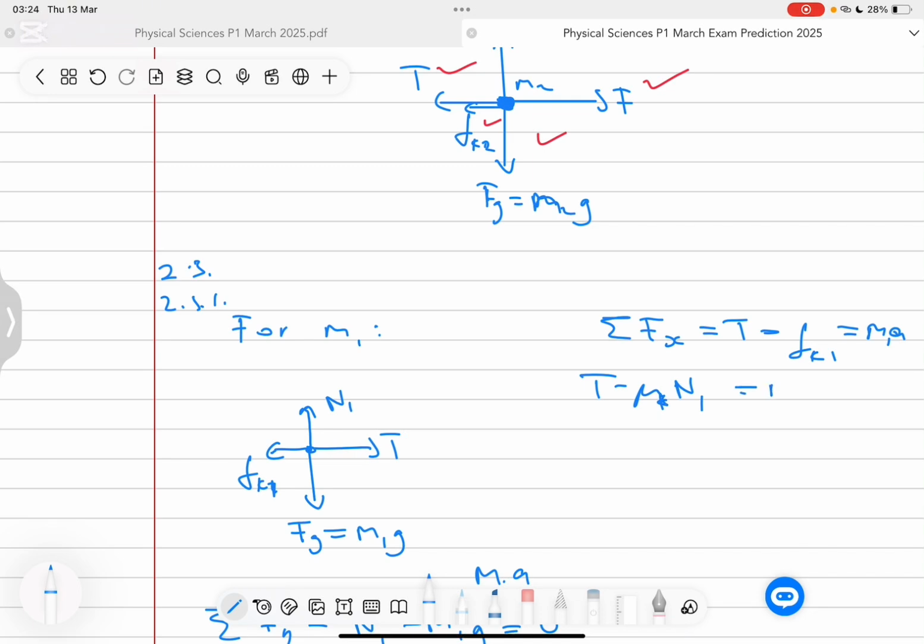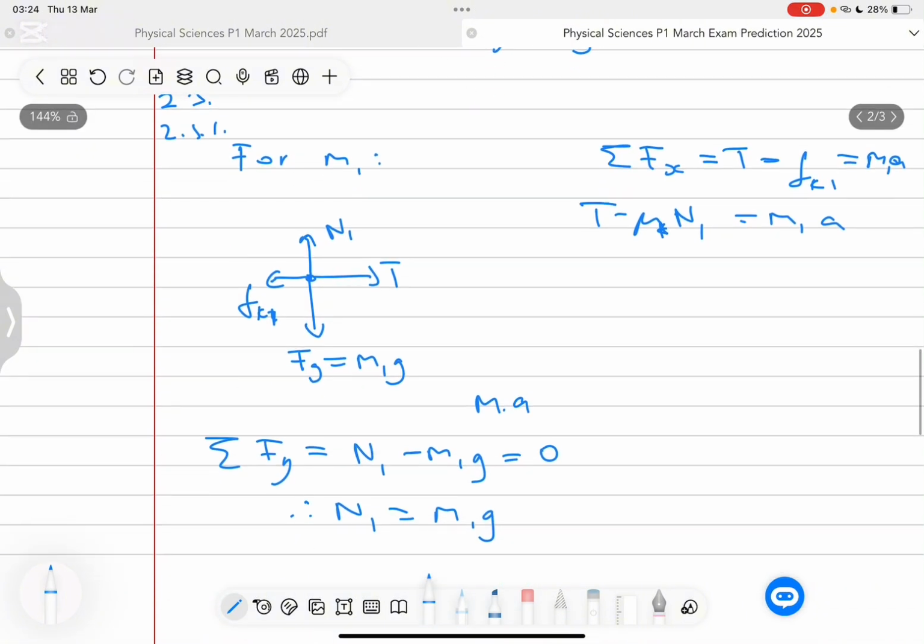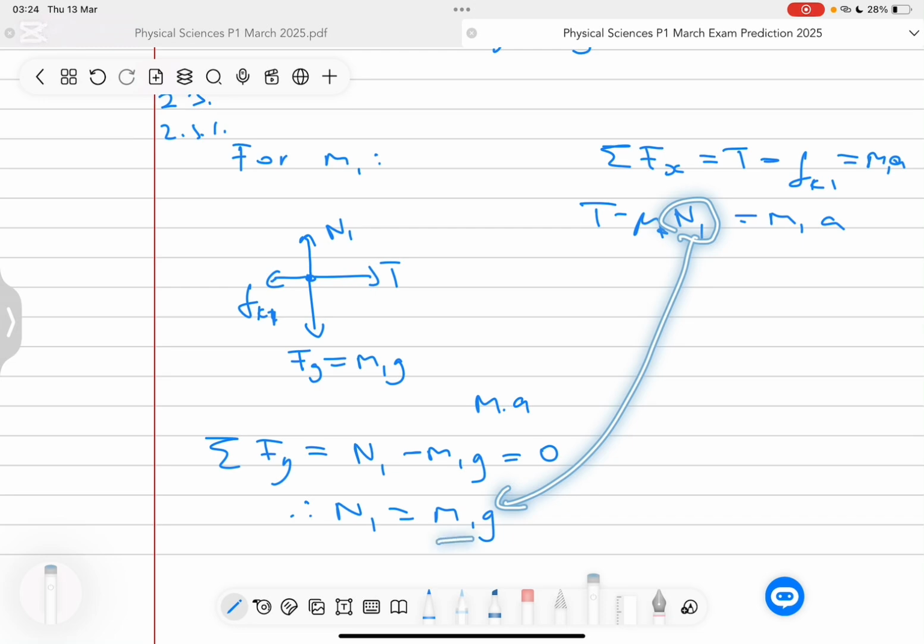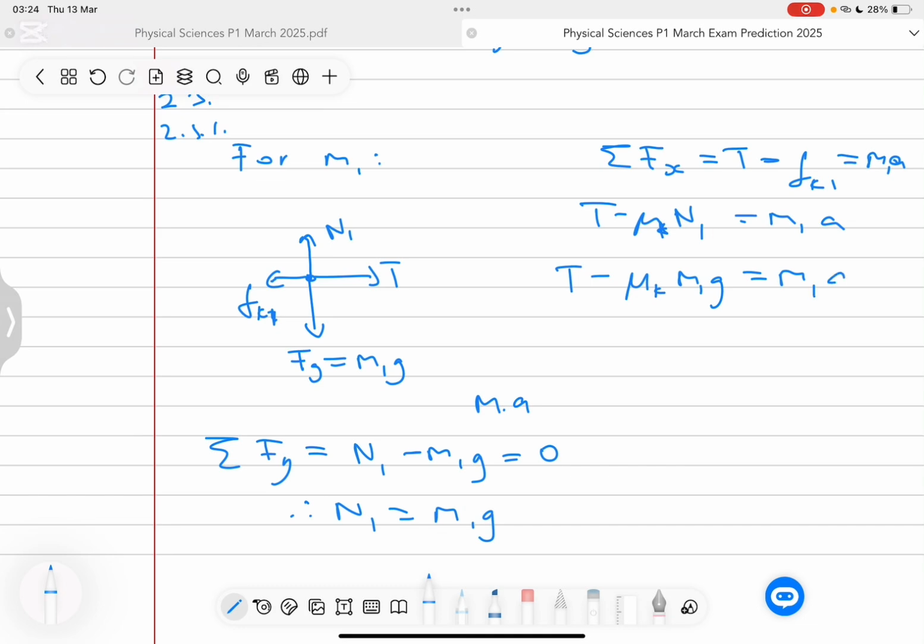And this is equal to m1 times the acceleration. But we just said here that the normal force is actually the same as m1g, right? So this means I can say T minus mu k times m1 times g is equal to m1 times A.